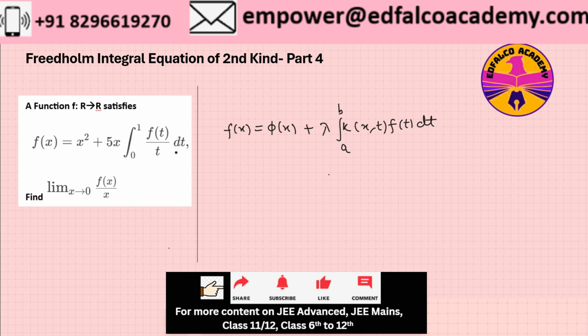If you compare it with the given question, which says x square plus 5 times the integral from 0 to 1 of x by t f of t dt, I just wrote the x inside, so it becomes x by t f of t dt.